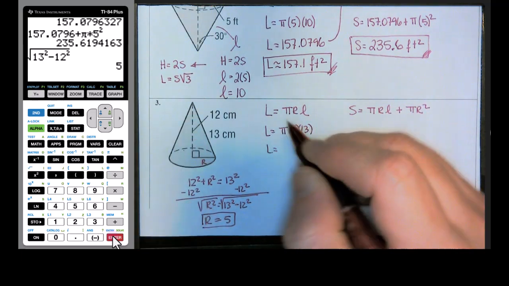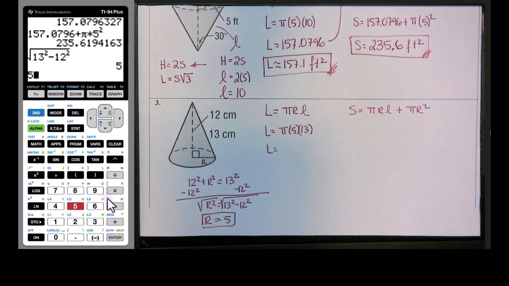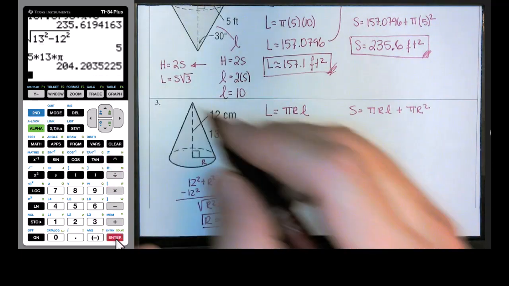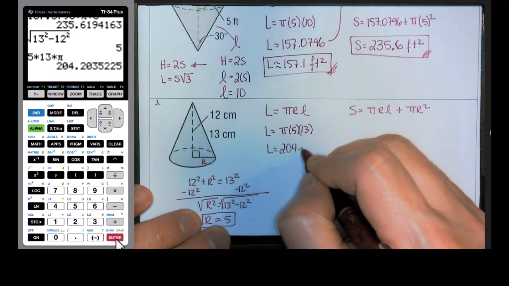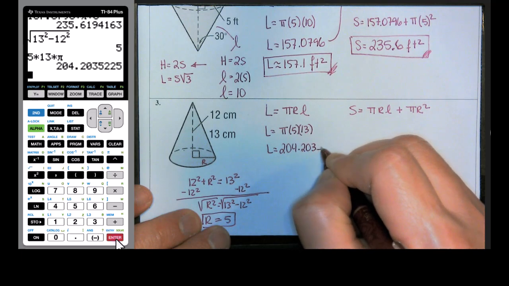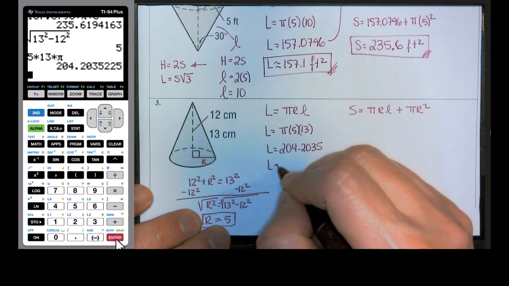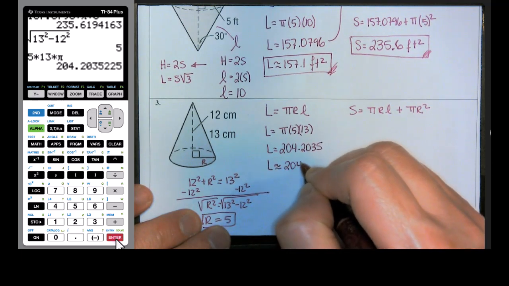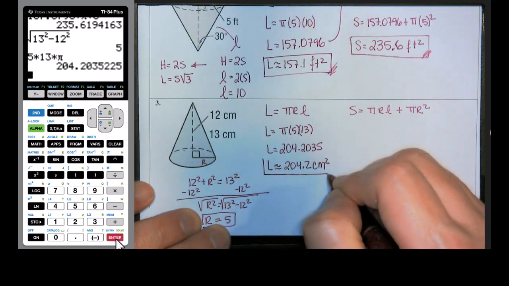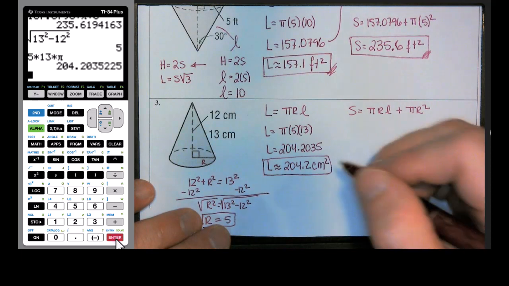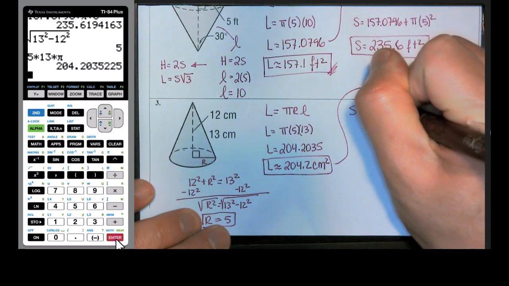So let's plug that in. 5 times 13 times pi, we get 204.2035. So the lateral area we rounded to 204.2 centimeters squared. Very good. Now we're going to take this and plug it in right here.